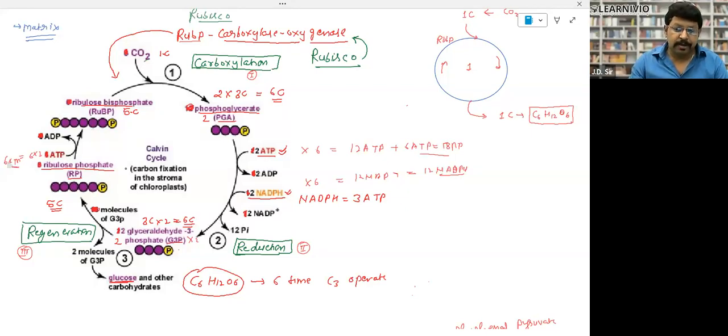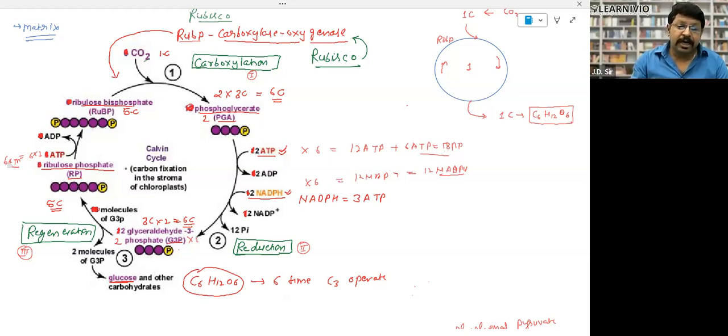Out of these 6 carbon, 1 carbon is transferred for the formation of glucose. Then only 5 carbon are left behind. These 5 carbon will make ribulose phosphate, RP. This reaction is called regeneration because again formation of ribulose phosphate takes place.